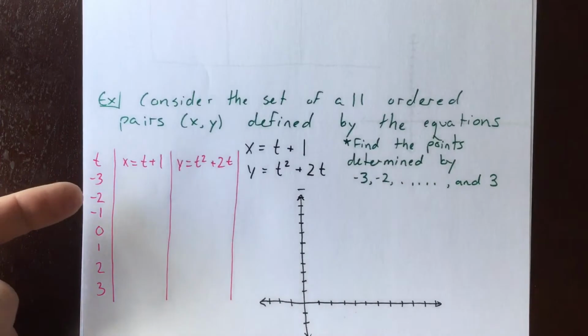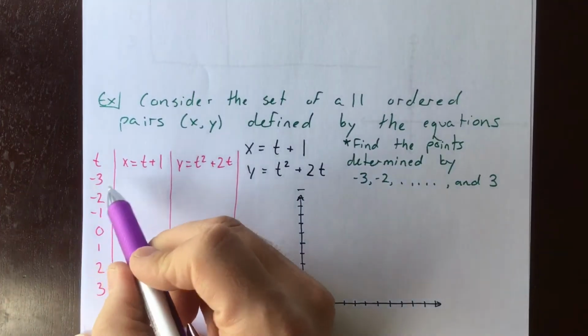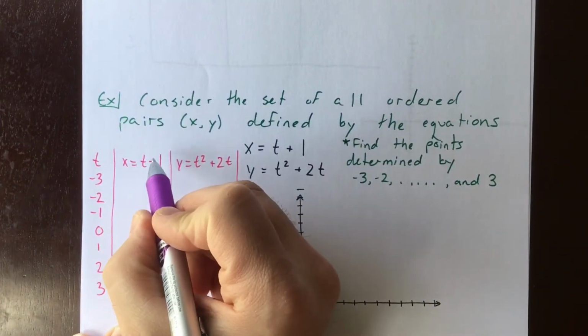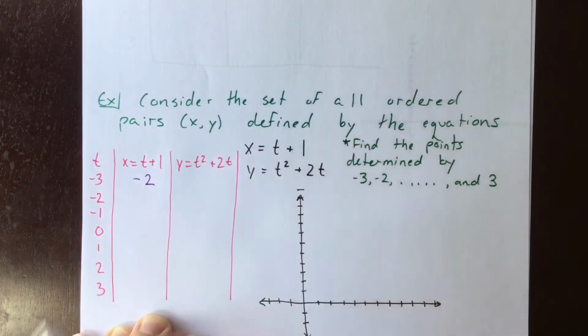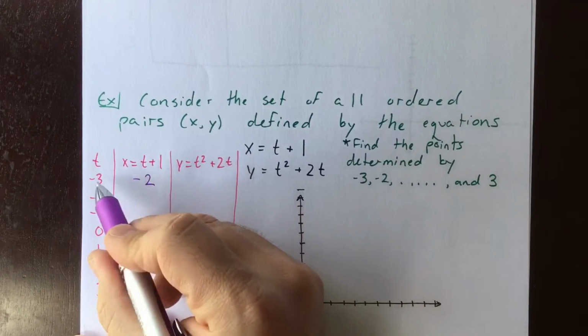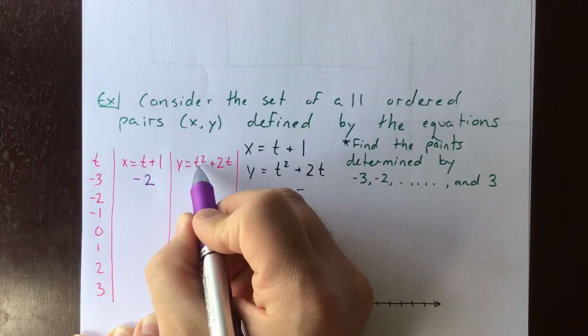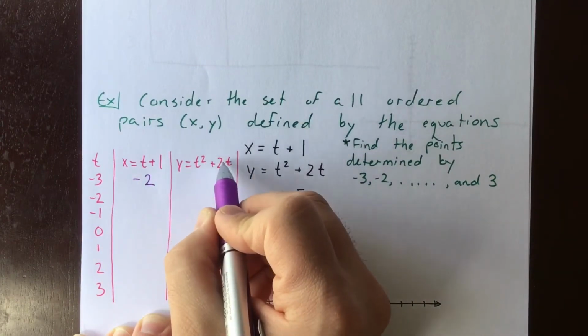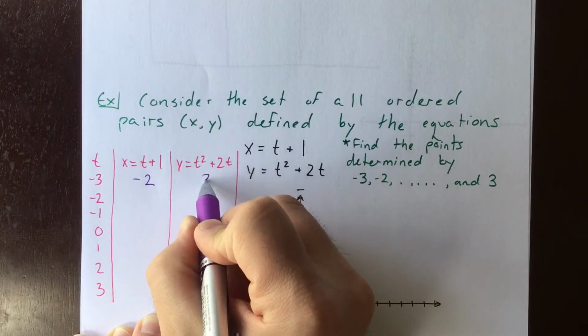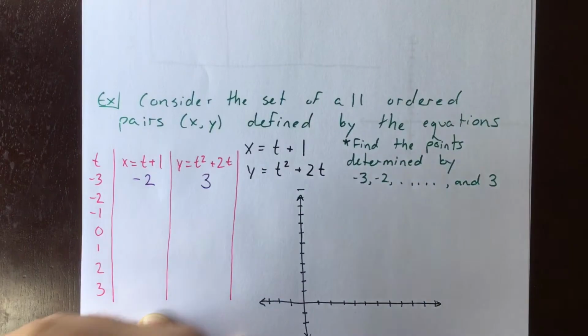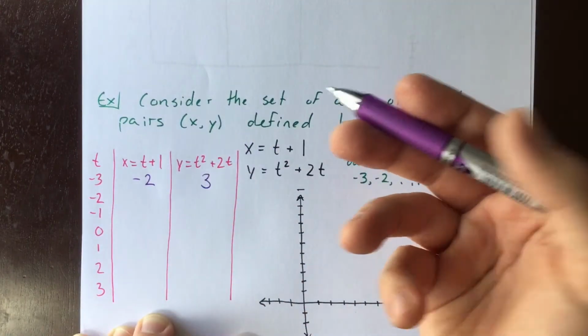So for example, at t equals -3, place -3 into our x function, -3 plus 1, we get -2. And then place -3 into our y function, we get -3 squared, which is 9, and then -6. So 9 minus 6 would be 3.